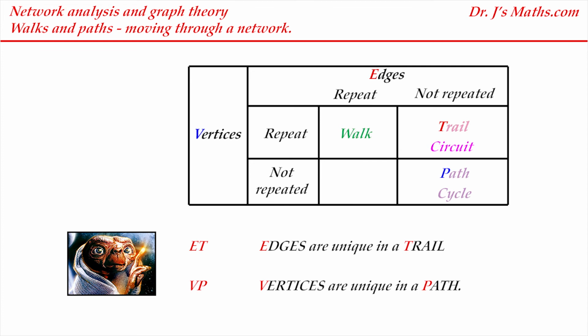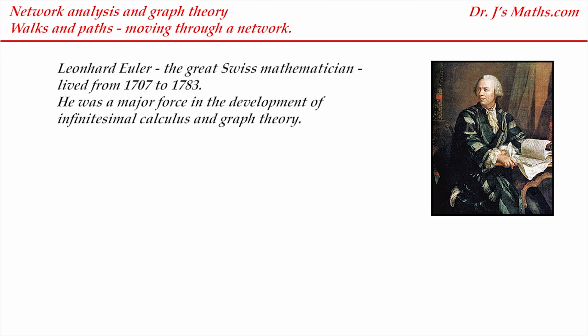ET, VP. Just a comment about the work of a great Swiss mathematician, Leonhard Euler, who lived in the 1700s. He was a major force in the development of infinitesimal calculus, but also in graph theory or network theory.